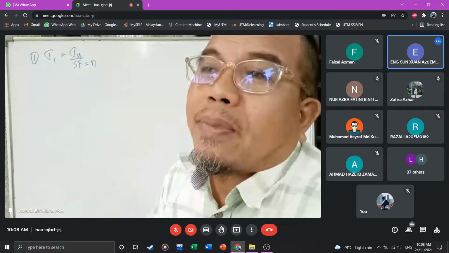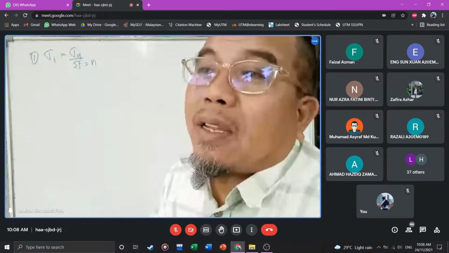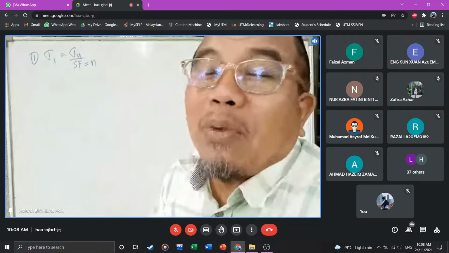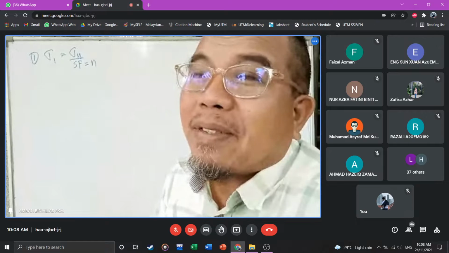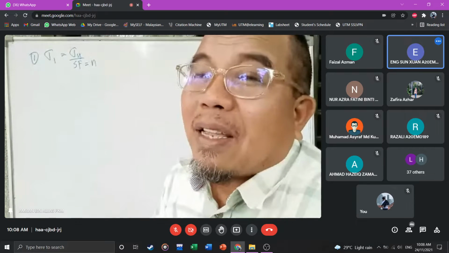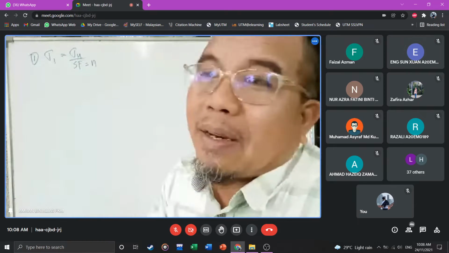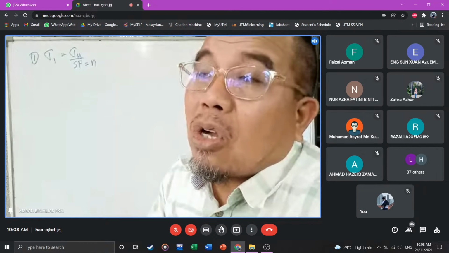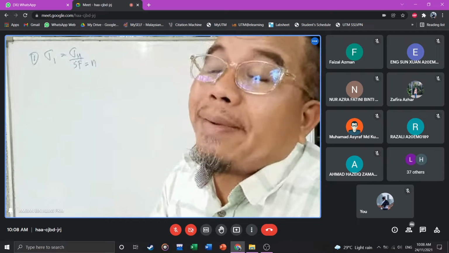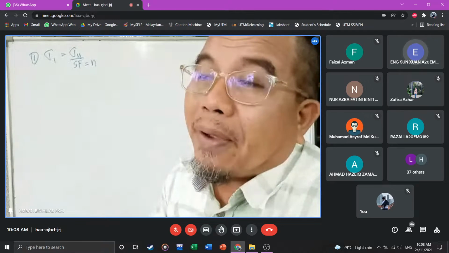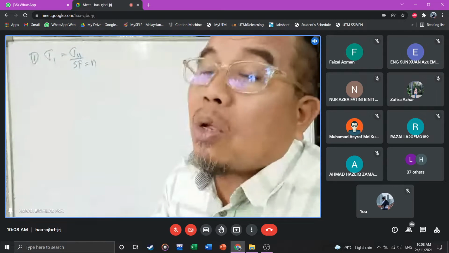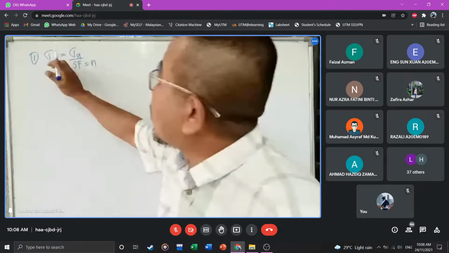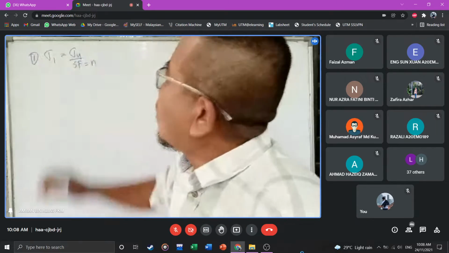Safe. Safety factor equal to 1, what's the meaning? Ngam. Exactly at the limit. Okay? So safety factor below 1? Failure. So for this one, we compare only one value to that one.